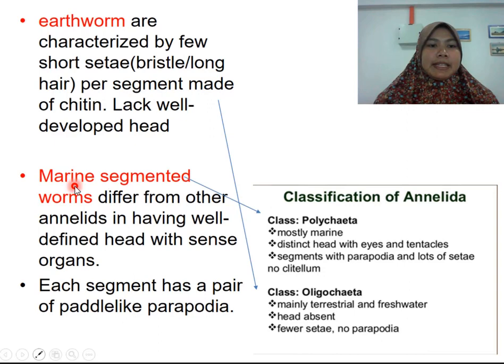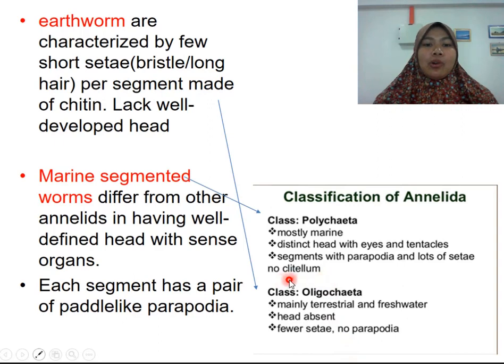As for the marine segmented worm, you can see it differs from other annelids in having a well-developed, well-defined head with sense organs, and each segment has a pair of paddle-like parapodia. The marine segmented worm is under class Polychaeta, mostly living in marine environments. They have a distinct head with eyes and tentacles, and segments with parapodia and lots of setae compared to the earthworm.